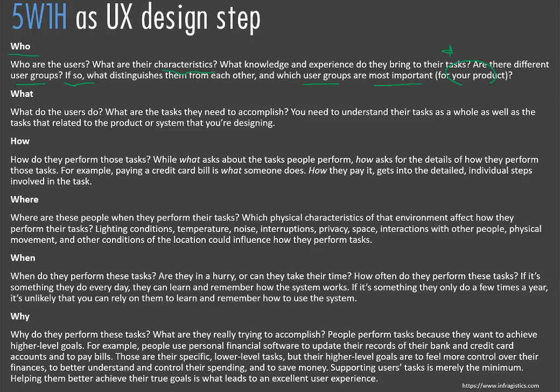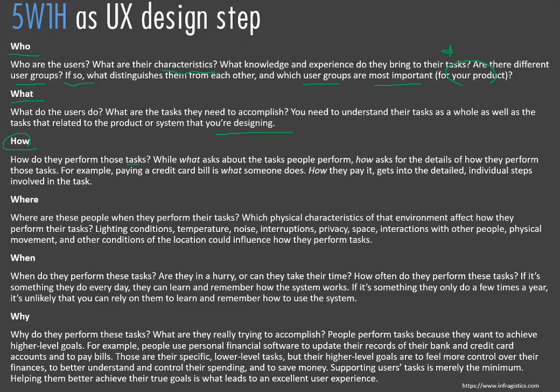Okay, next W is what? What do the users do? What are the tasks they need to accomplish? You need to understand their tasks as a whole, as well as the tasks that relate to the product or system that you're designing. Oh, the 1H is here. How do they perform those tasks?